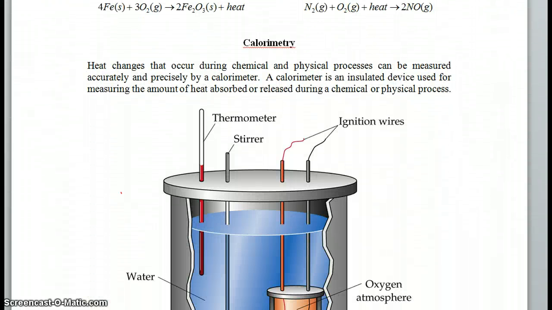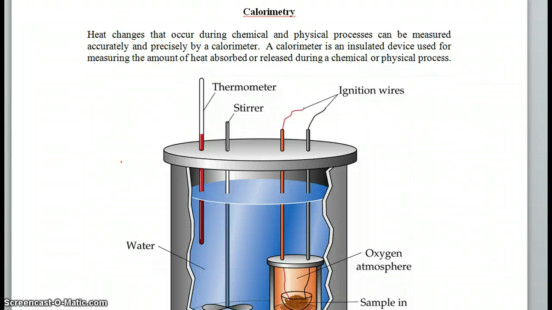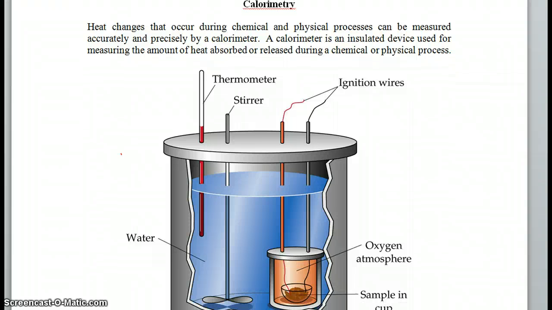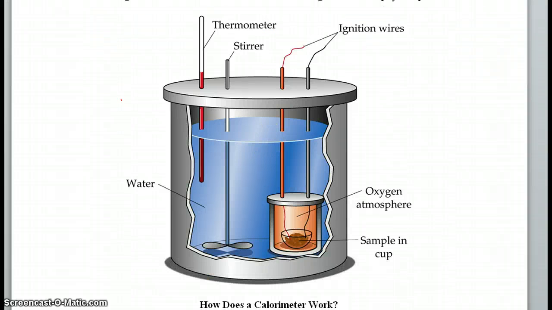A calorimeter is a way of indirectly measuring the enthalpy of a reaction. So you can imagine this is a calorimeter. You can use just a tin can for a calorimeter, and this is cut open so we can see the inside. There is a thermometer in the water here. This water is the surroundings, so that's what the thermometer is measuring the temperature of.